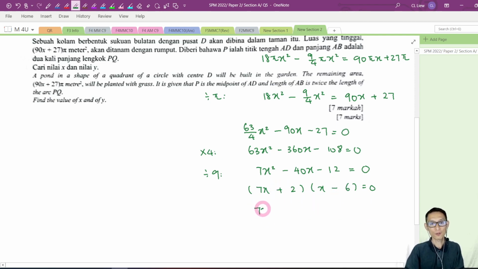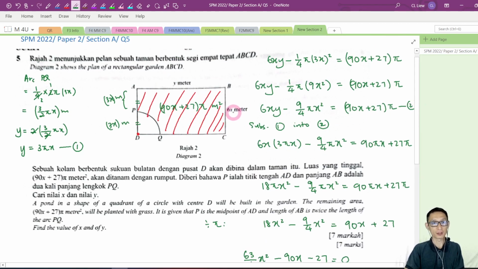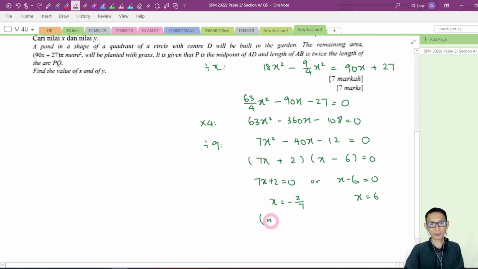So 7x plus 2 is equal to 0, or x minus 6 is equal to 0. So x is equal to 6 and x is equal to negative 2 over 7. But x cannot be negative, right? The x here cannot be negative. Therefore, we need to write here not accepted, or you can just write ignore.